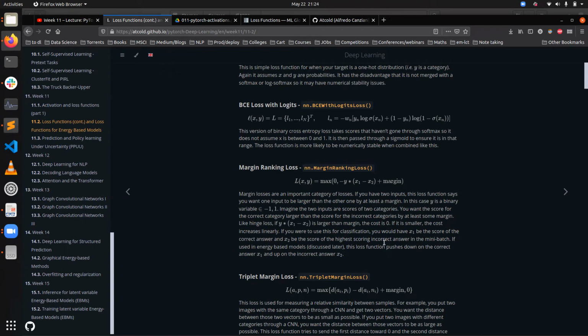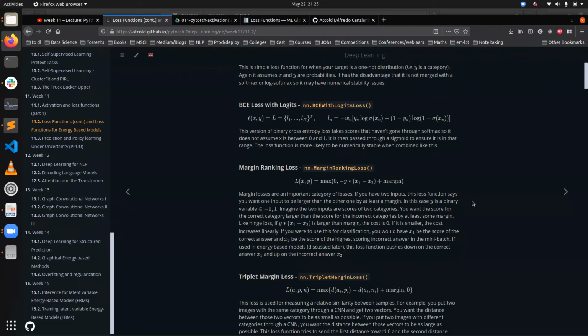So x is always a vector, right? A vector whose length is equal to the number of classes you have, in a classification context. So x1 is the score of the correct answer, and you want x1 to be high. x2 is the score of the highest scoring incorrect answer.